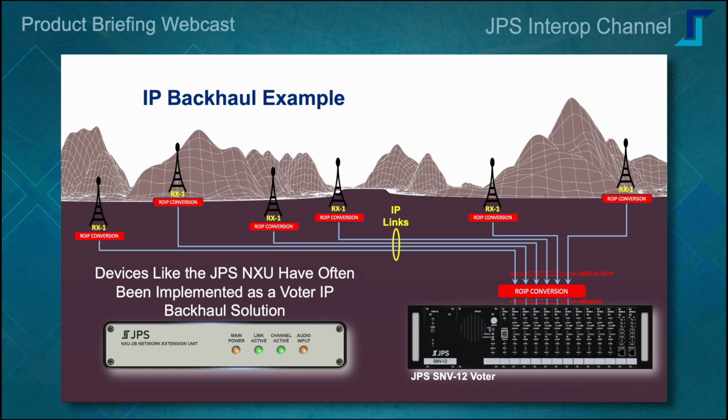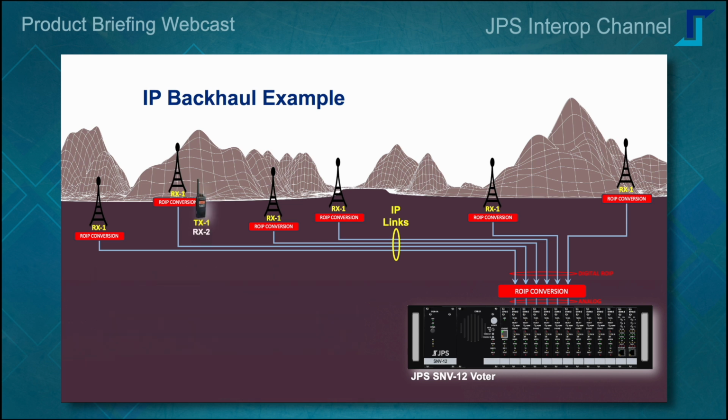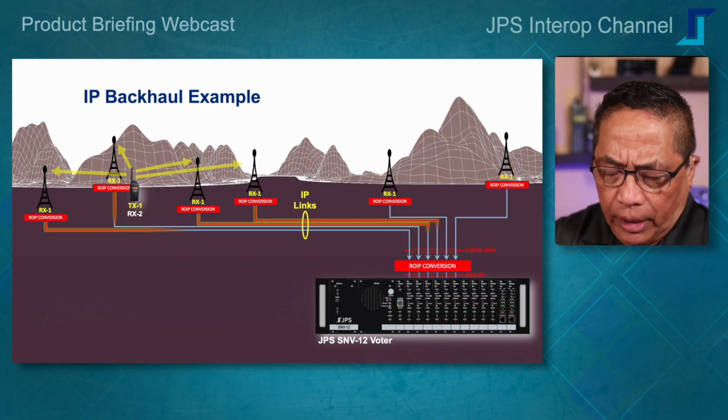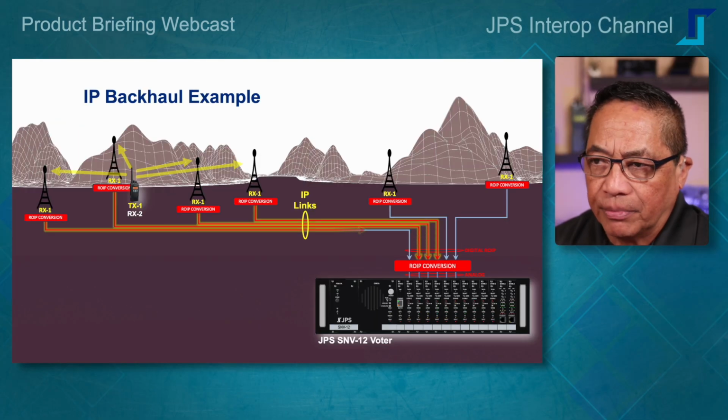This has been done for over 20 years with lots of good success at a lower capacity level, but some customers that deploy at a higher capacity see issues. So here's what's taking place in a backhaul solution which is digital or IP. Again, this is not a great solution, and we'll see why. Same scenario: a subscriber unit transmits out in the field.